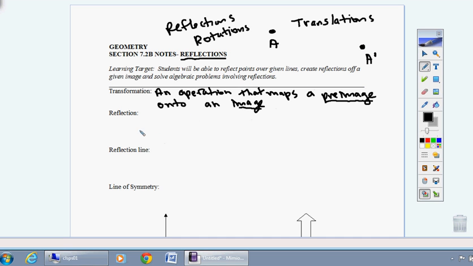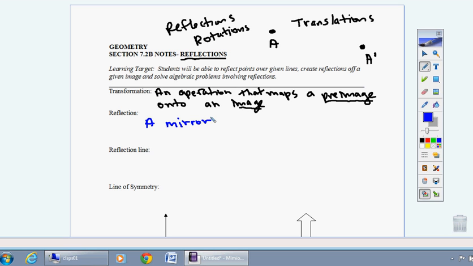Now when you think of a reflection here, think of a reflection as like a mirror. Okay? A reflection is, I'm just going to write, it's a mirror. A perfect example of a reflection is standing in front of a mirror. When you stand in front of a mirror, you represent the pre-image, or the original figure, and your reflection, or what you're looking at, represents the image.